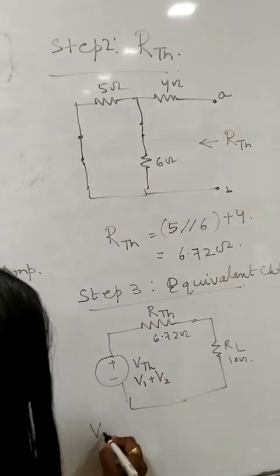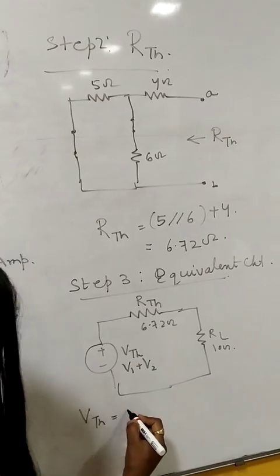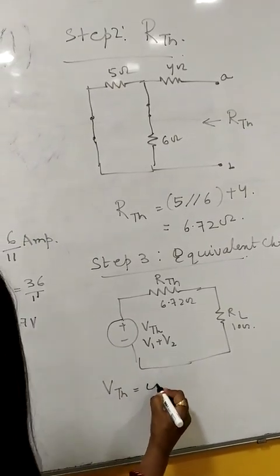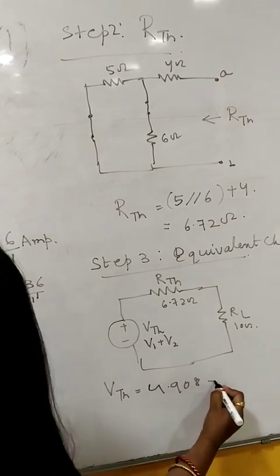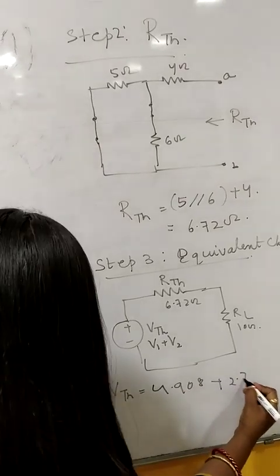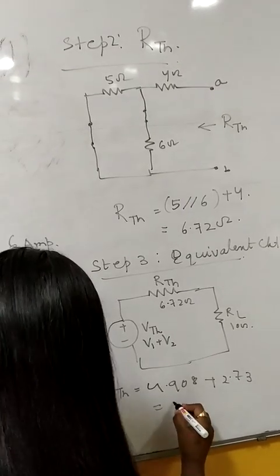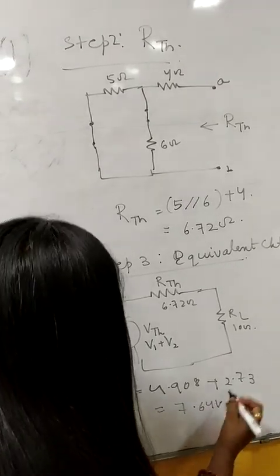Now the net V Thevenin is a combination of the two voltages from the two sources, 4.908 plus 2.73, which is a value of 7.64 volt.